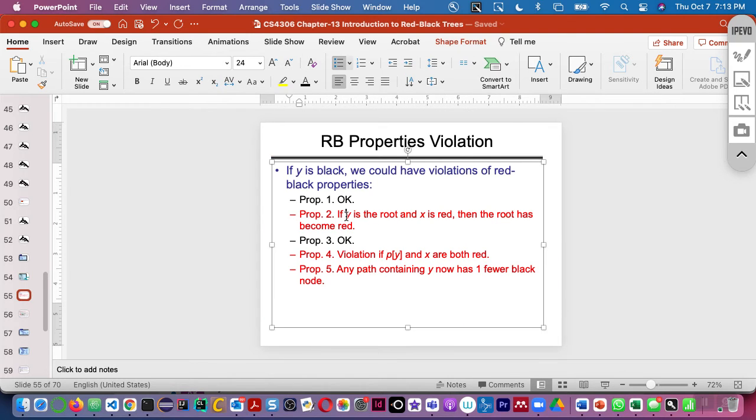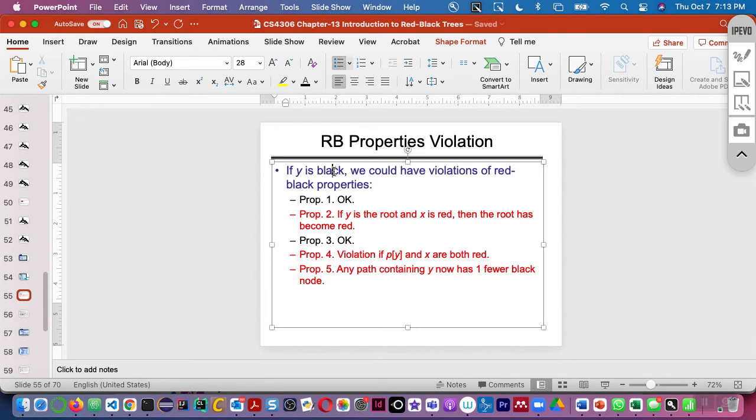So now, fix up mainly comes for the black node, deleting a black node. If y is black, then we could have a violation of the red-black properties, right? Okay, now check whether property 1 is okay.